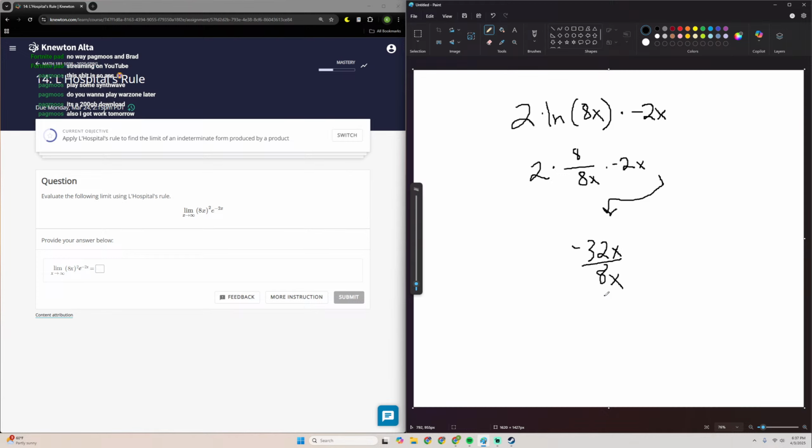This is tricky. Okay, no. This is gonna be -2 actually. -2. This just becomes 32 over x. And as this becomes infinity over some number, it is just 0.